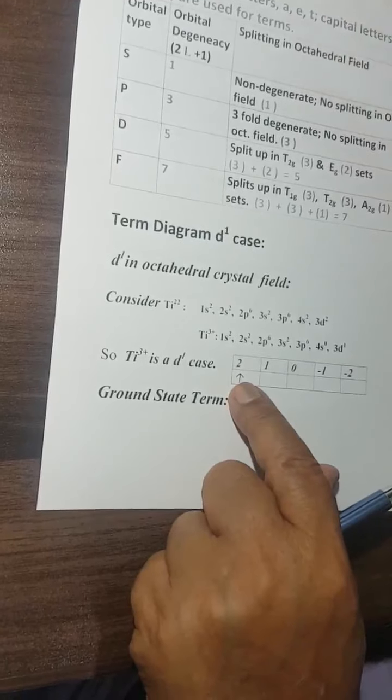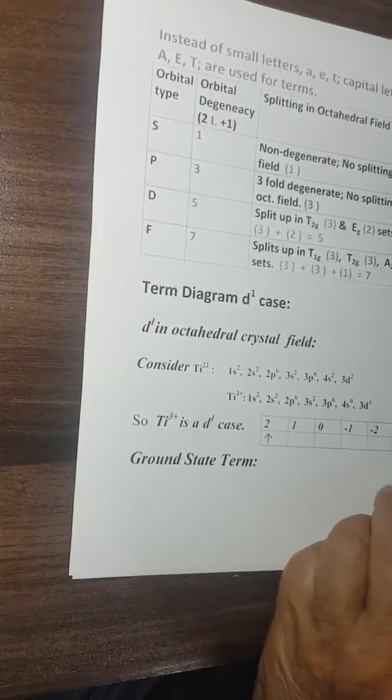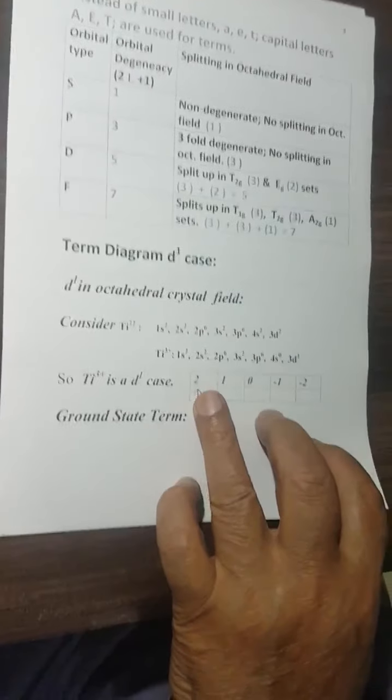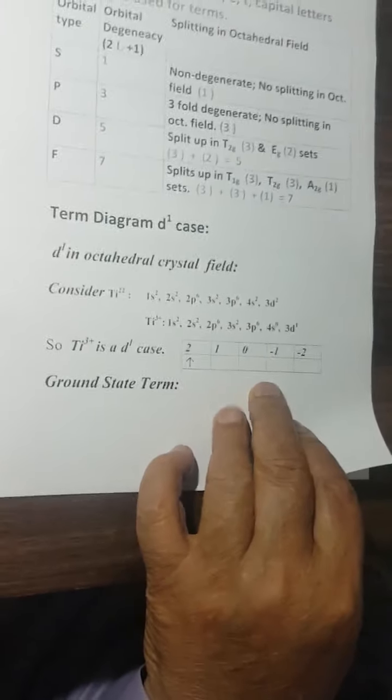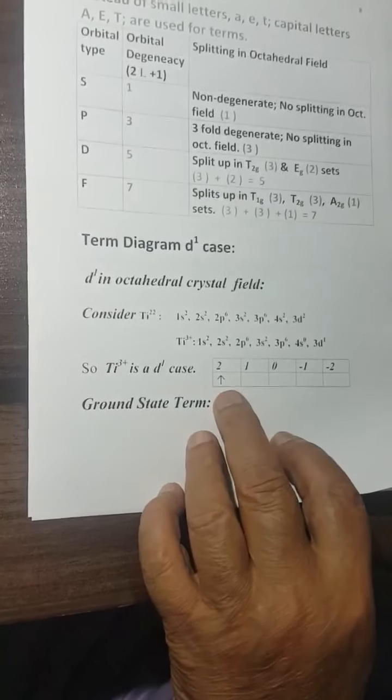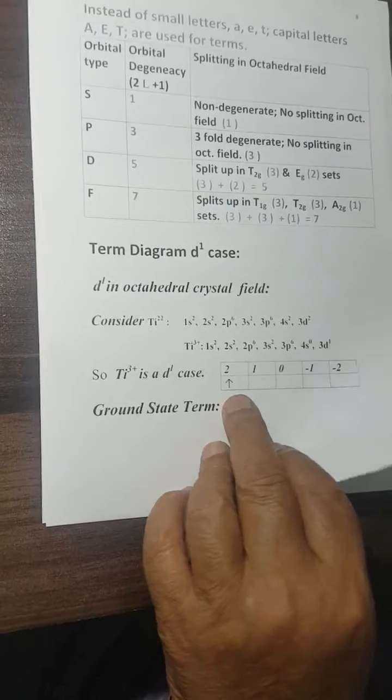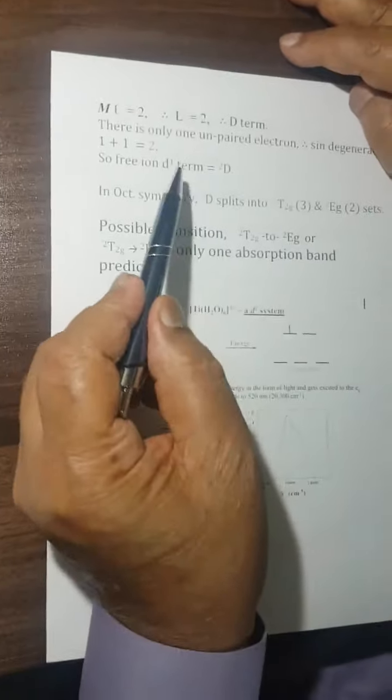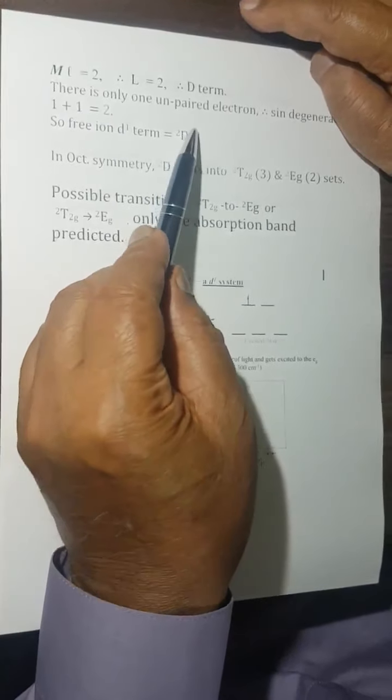You can just find out its ground state term. L is equal to 2, and therefore it will be a D term. There is one unpaired electron, so spin degeneracy will be 2. So the free ion term of d1 will be 2D.